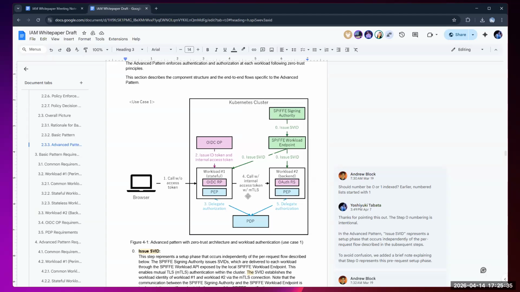So the threat Binod mentioned, like token replay or token injection, was not affected for this use case, because the third-party workload cannot access the workload because of this MTLS.